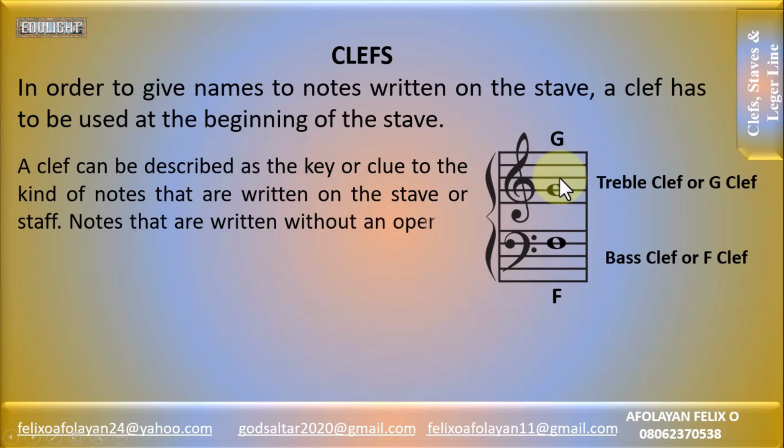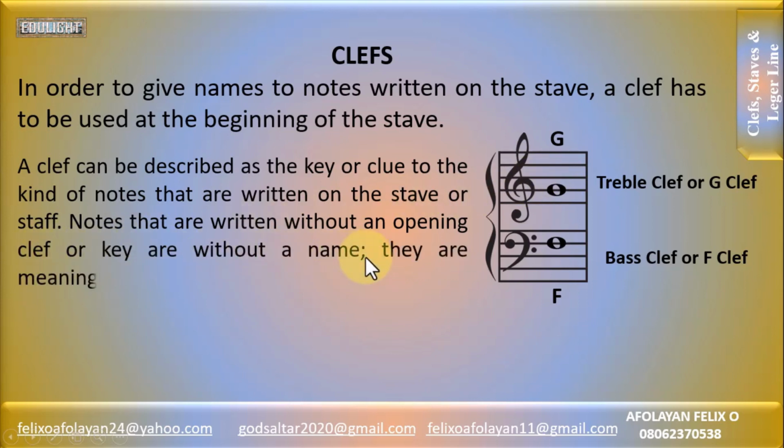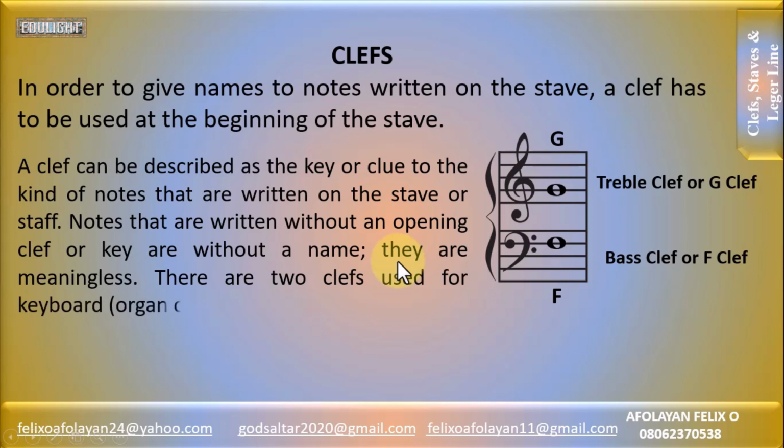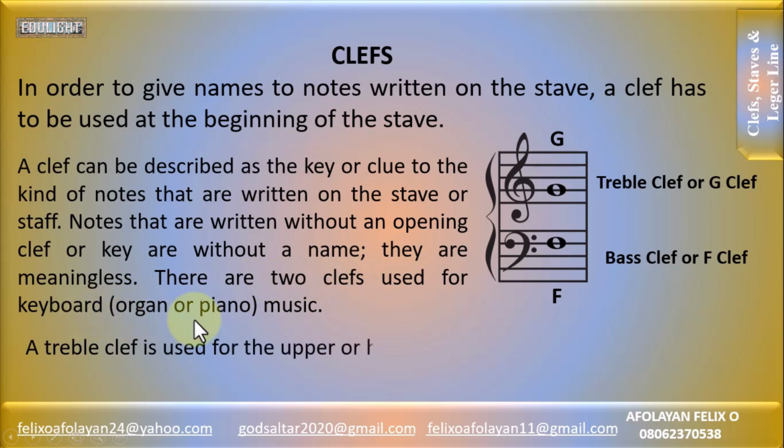Notes that are written without an opening clef are without a name. They are meaningless. That is the importance of the clef. There are 2 clefs, as we can see in this example, used for keyboard, organ, or piano.